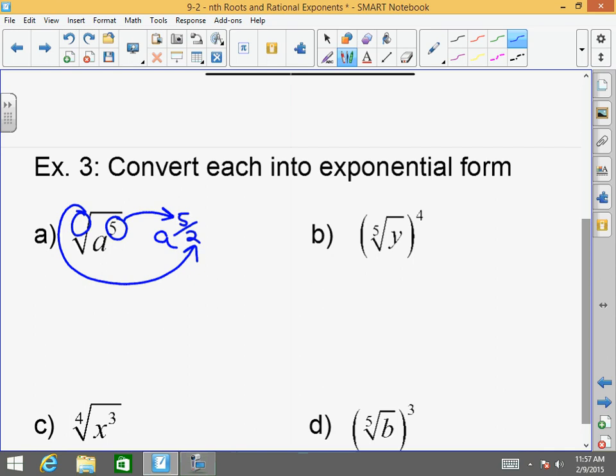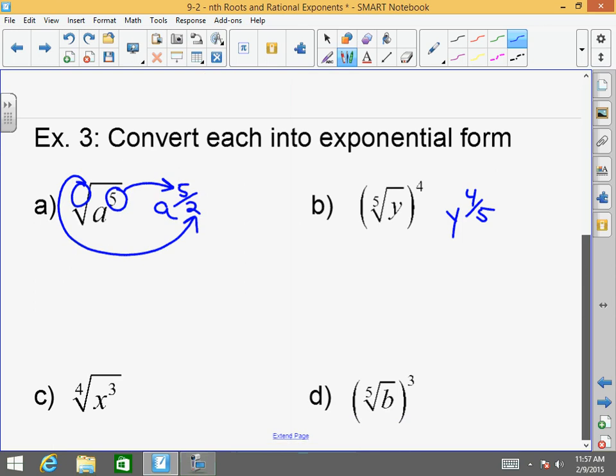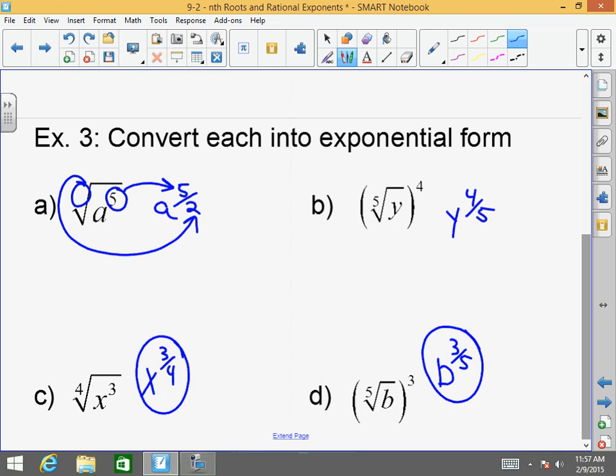This 5th root of y raised to the 4th power would be y to the 4/5. The 4th root of x cubed would be x to the 3/4. The 5th root of b, all of it cubed, would be b to the 3/5. Okay?